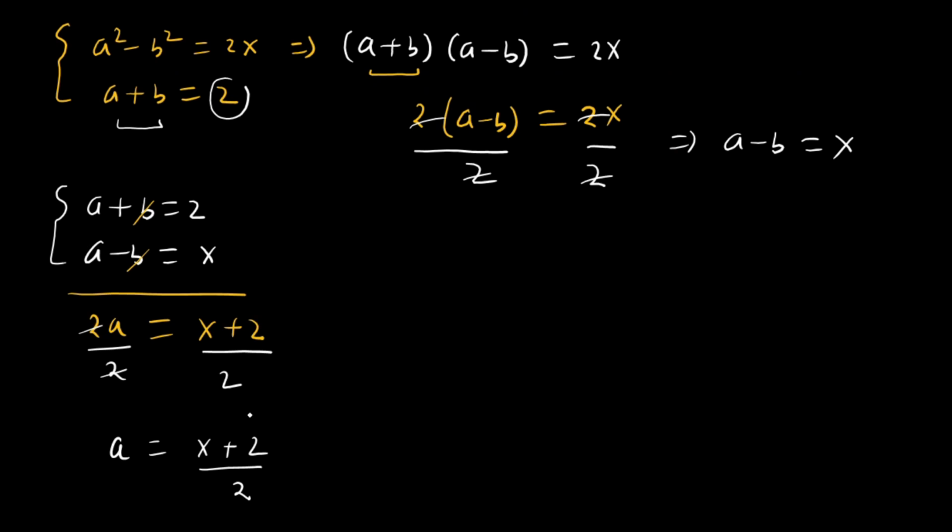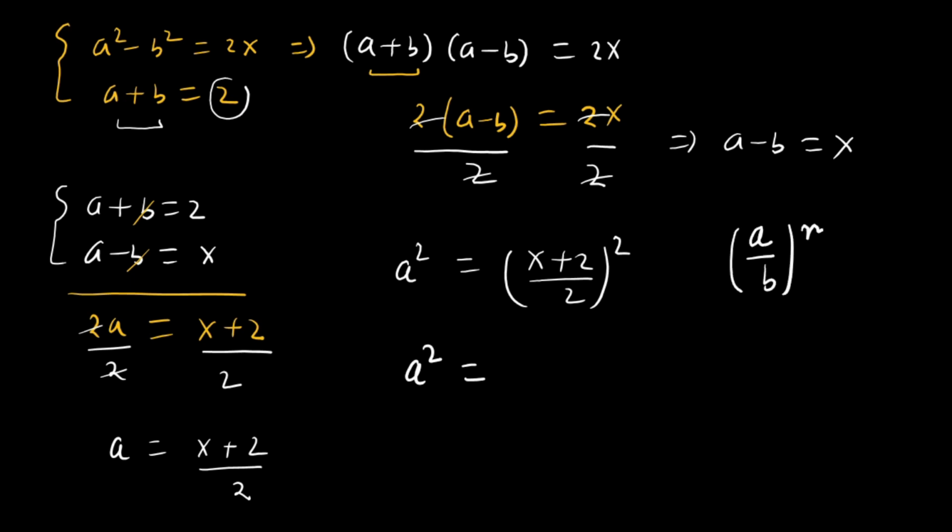So if we square both sides, then on the left hand side a square equals x plus 2 over 2 whole square. On the right hand side we will apply the rule a over b bracket power m equals a power m over b power m.